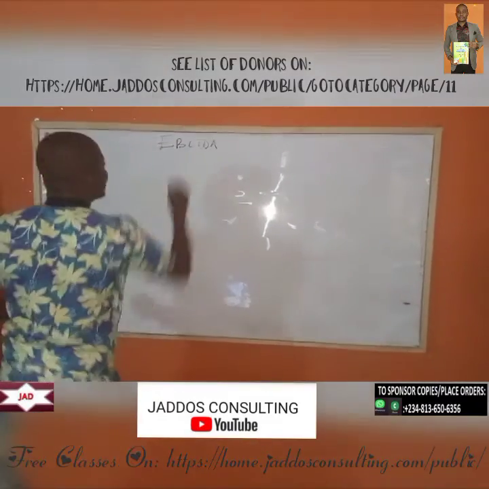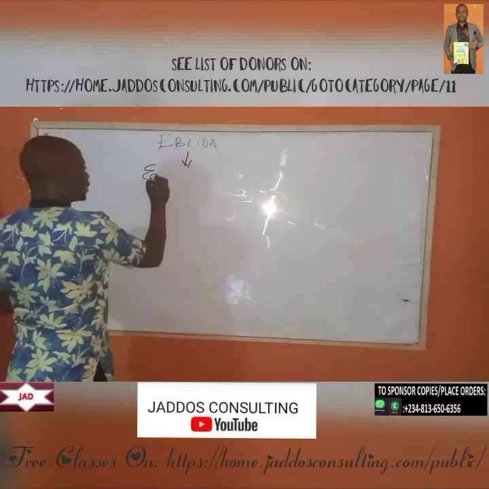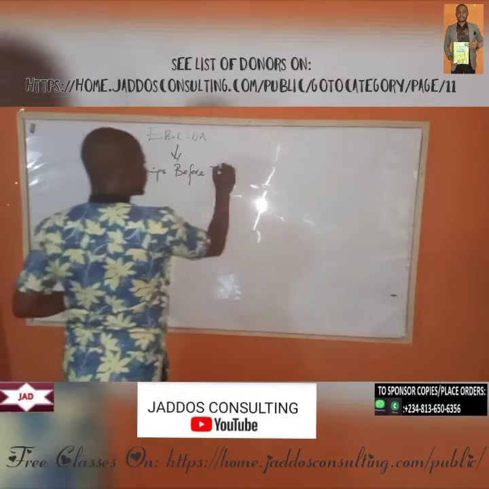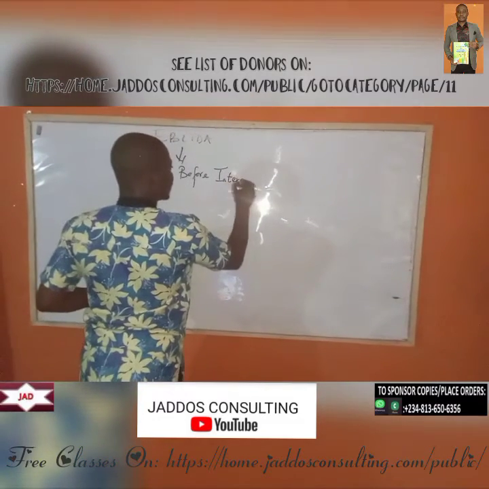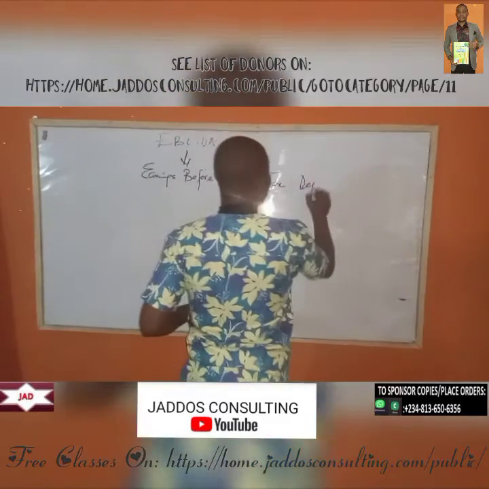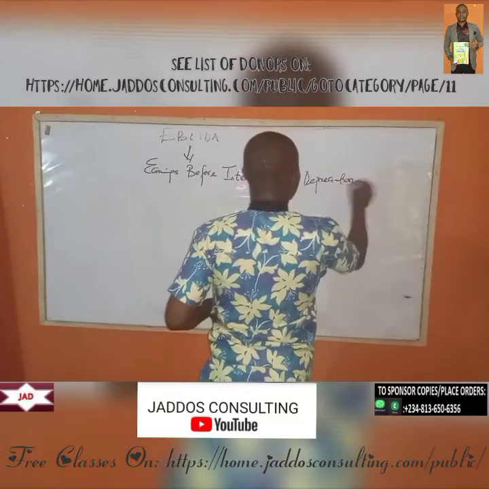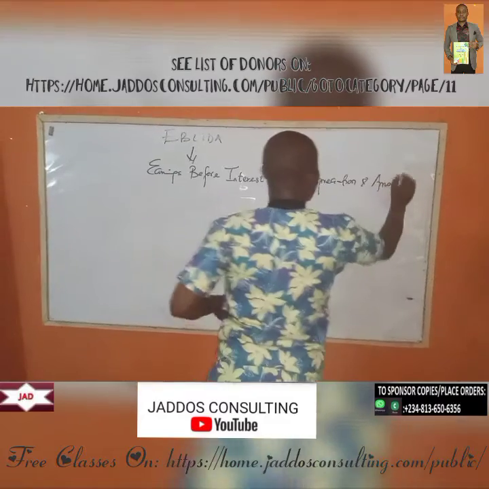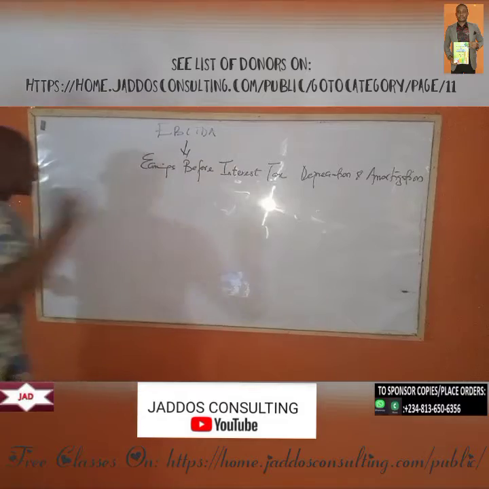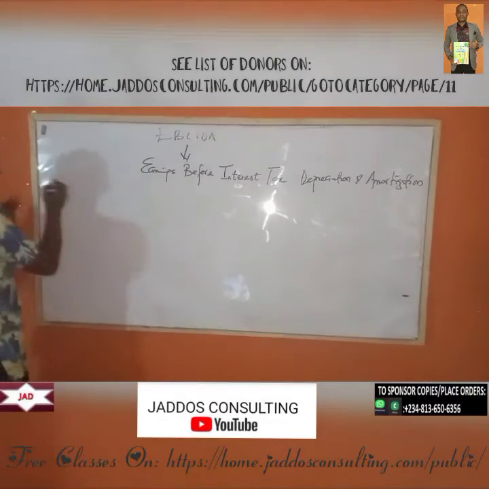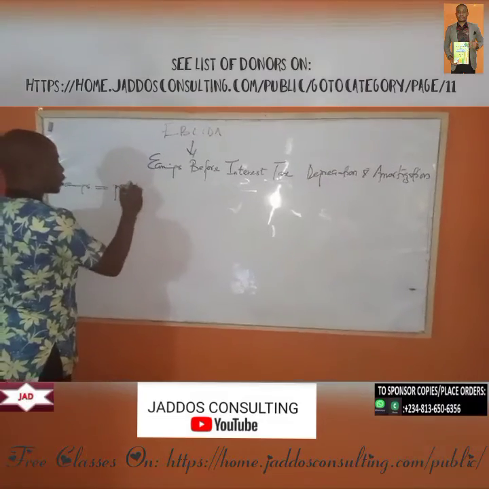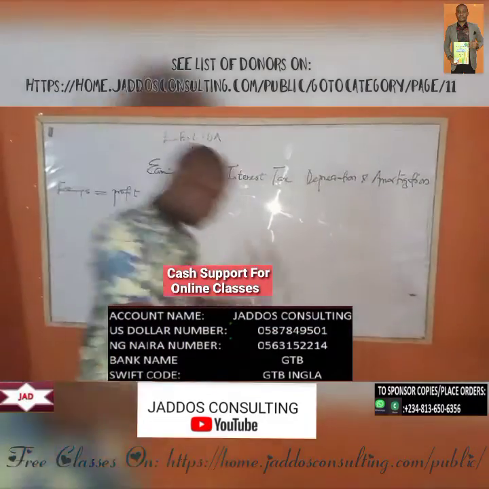So EBITDA here represents earnings before interest, tax, depreciation, and amortization. Now, understand that whenever you hear earnings, we're still talking about what? Profit. So when you hear earnings, you mean profit.